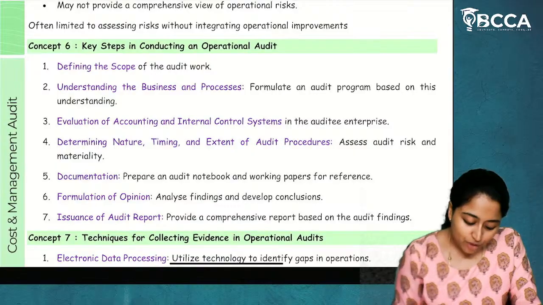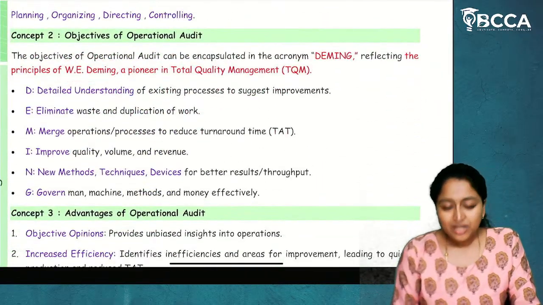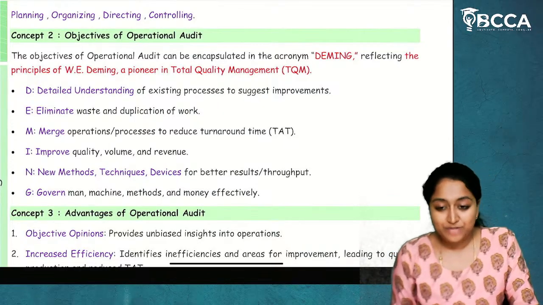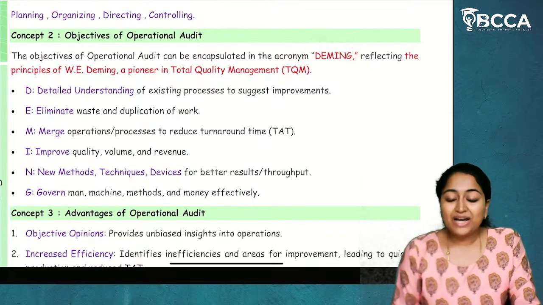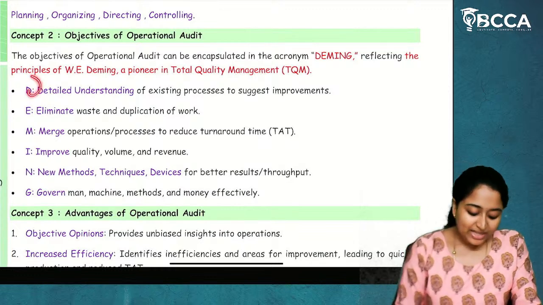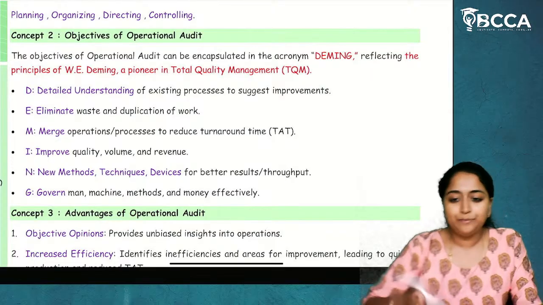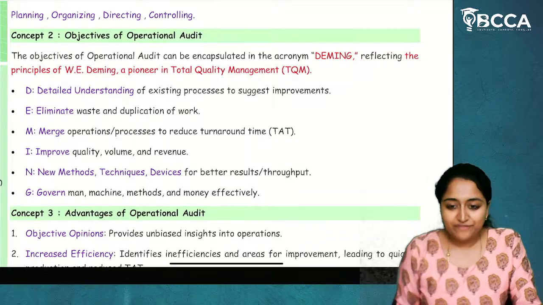The objectives of operational audit are given by W. E. Deming under his name itself. On his name itself, he has specified the objectives. The objectives in operational audit are: D is detailed understanding of existing process to suggest the improvement. E is eliminate waste and duplication of work.